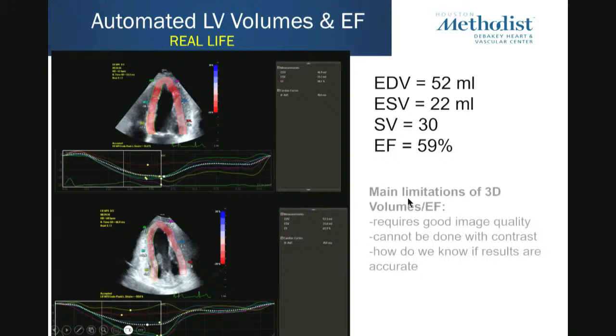So that is still the limitation we have with the 3D volumes and EF. We should use them because we need to learn how to use them. The sonographers have to learn how to process them. But we still have this situation. First of all, we need good images. It's very hard to do when your images are suboptimal. Number two, you cannot use contrast because the system gets all confused.